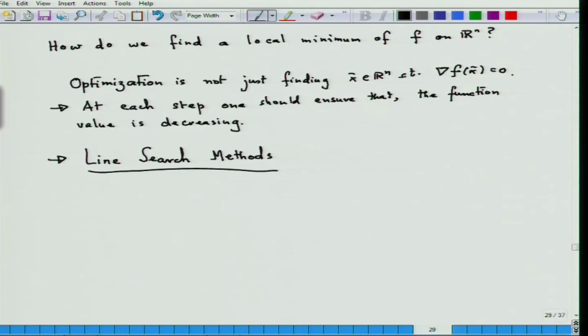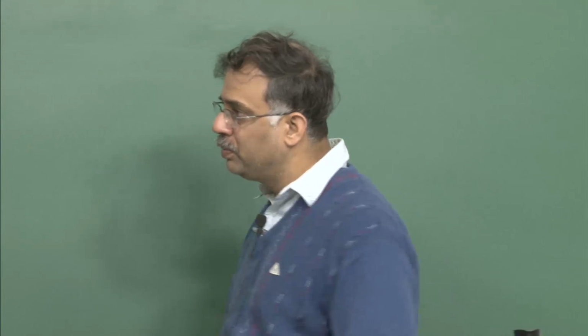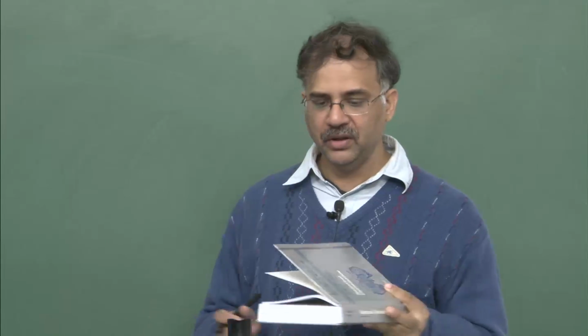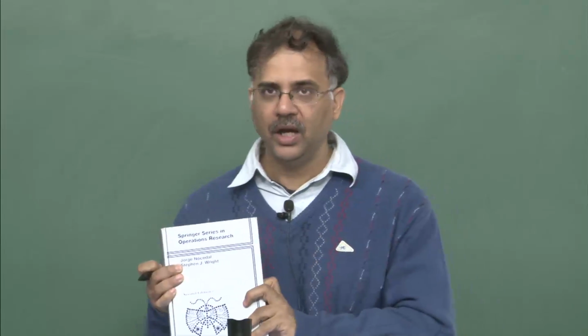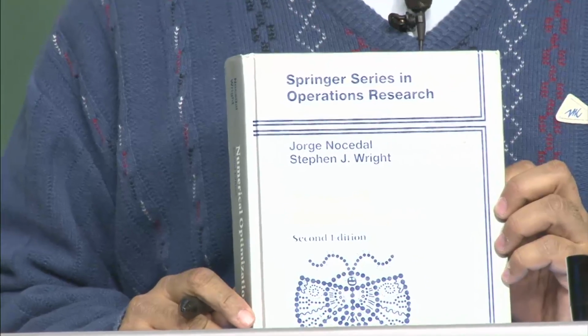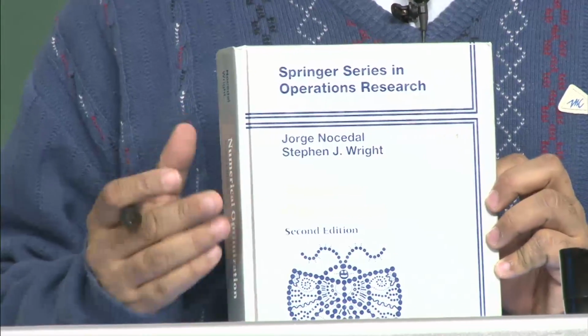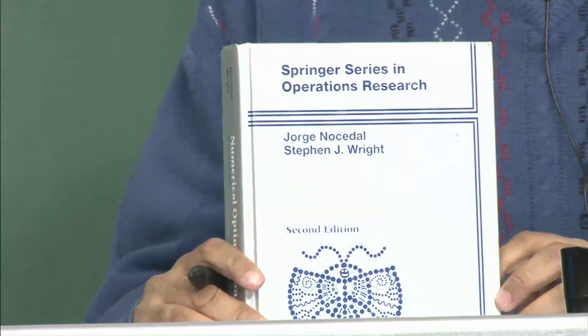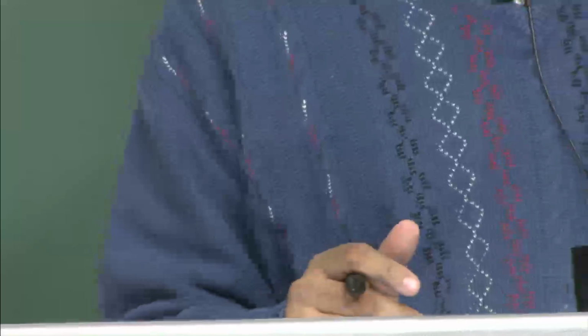One of the most important references, which we will use in these lectures, is a book by Nocedal and Wright called Numerical Optimization, published by Springer in the series on operations research. I would like to show you this book so that you can write down its name. So, please have a look at this book. I will just write down the names of the authors whose books we will consult.